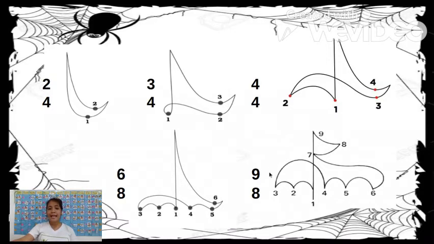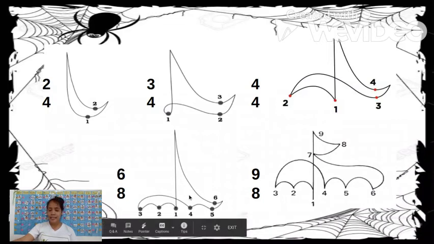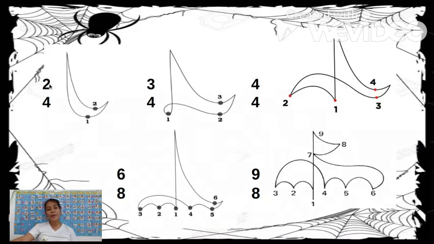For 6/8, 9/8, we call it compound time signature. So how many beats do you think if we have 6/8 time signature? Of course, there are 6. This one, there are 9 beats. Similar as here, the number on top should be the beat, right? 3, 4.